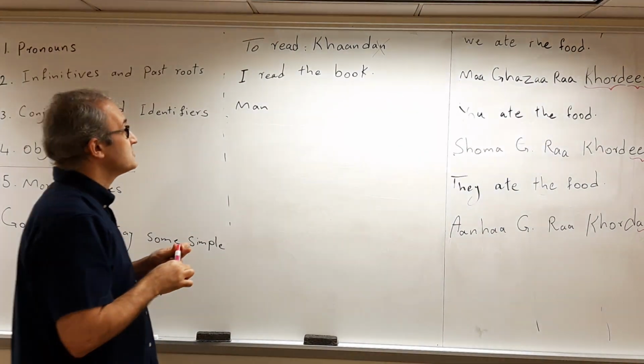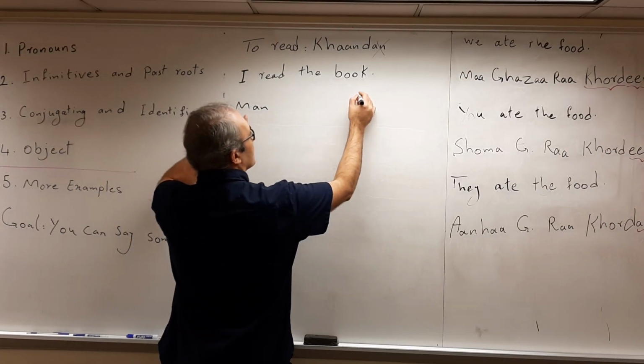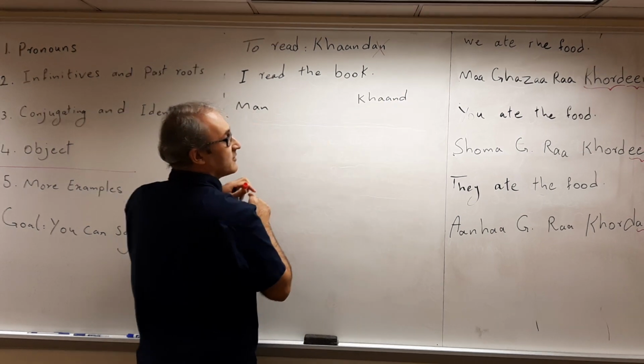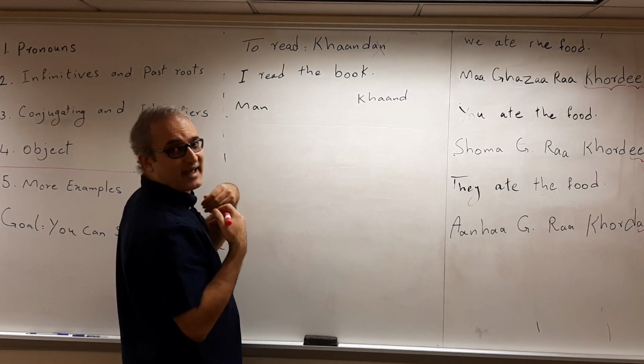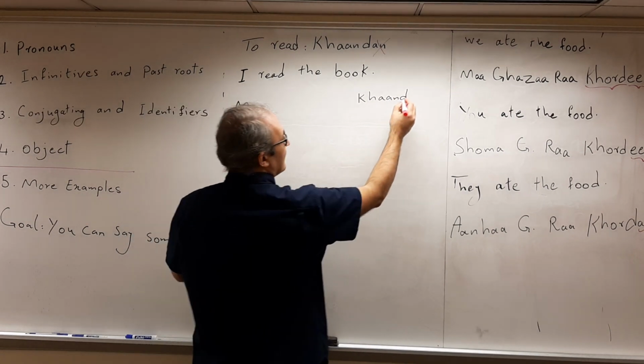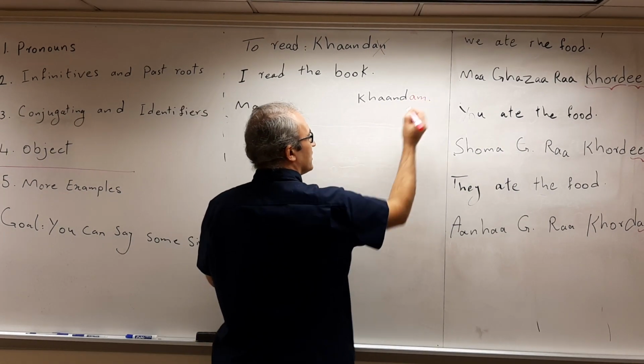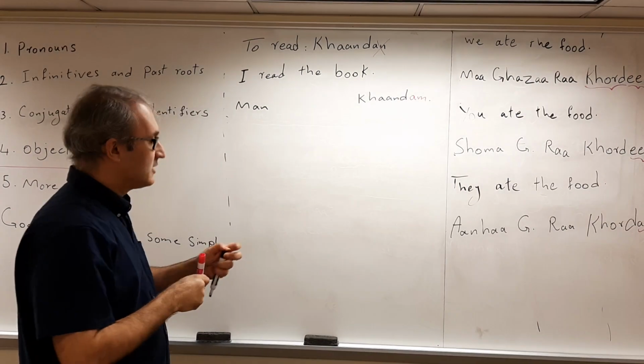Khand. So man khand, and for I, for man, the identifier is am. Man khandam. Okay, what did you read?